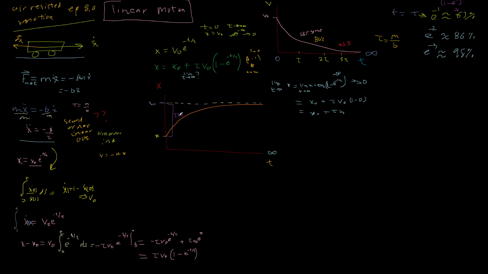So if we ignore its initial position, the cart will travel at most tau v naught meters, or m over b times v naught. And that's it for horizontal linear motion.